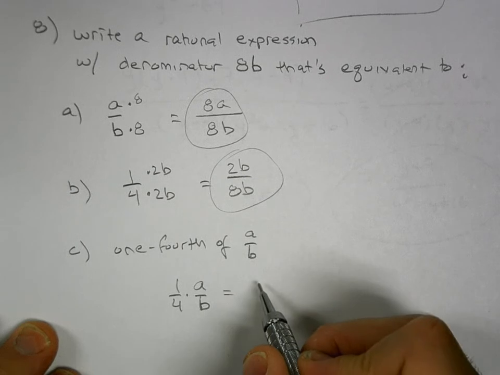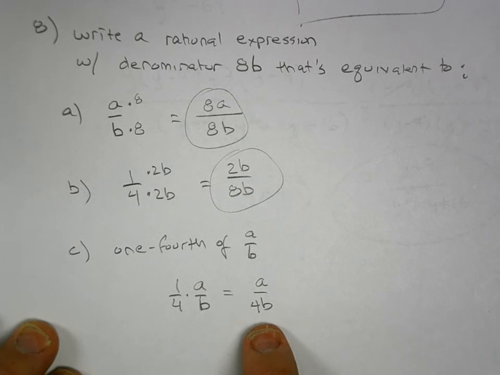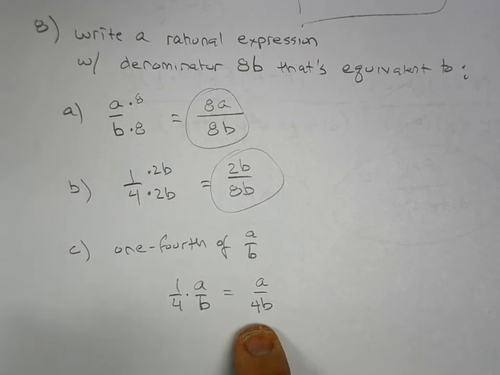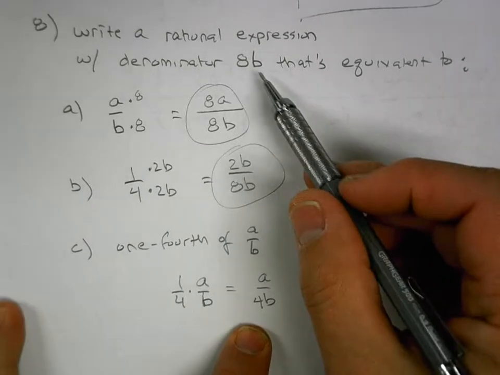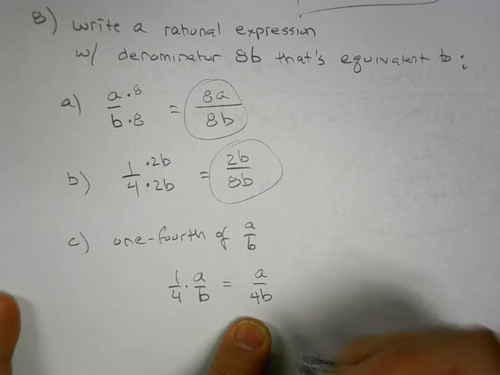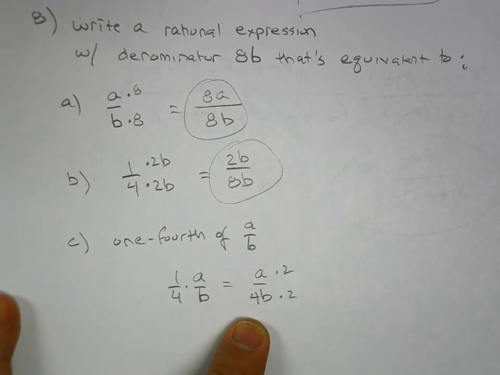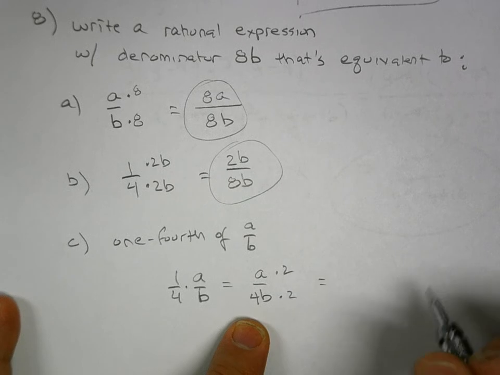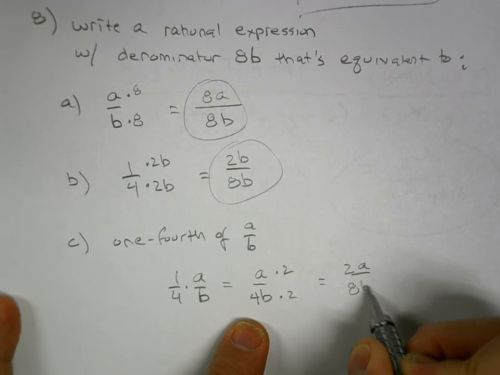So that's a over 4b. Right? So now we're back to the same thing over there. So write a fraction that has a denominator of 8b that's equivalent to that. So now we can do that. So multiply by 2, and then multiply top by 2. And so we have what? 2a over 8b. And there you go.